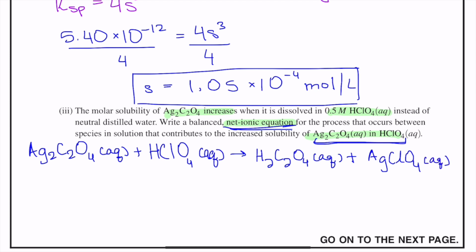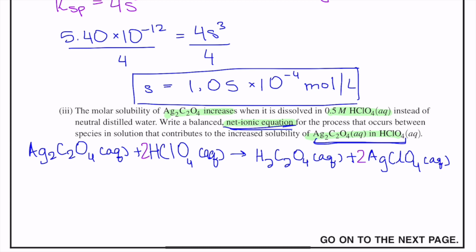And now what we need to do, very important step, is balance this equation. I see Ag2, that tells me I need a coefficient of 2 here to balance that out. I see an H2, and that tells me that I need a coefficient of 2 over here. So now the equation is balanced, and we can go on to writing the net ionic equation.